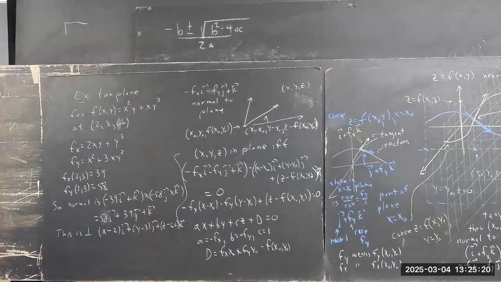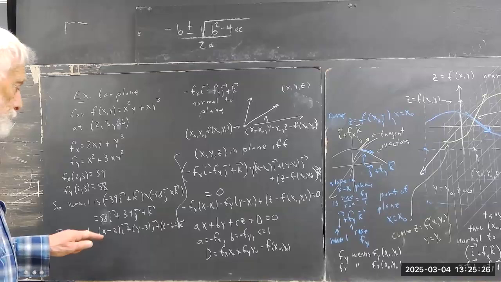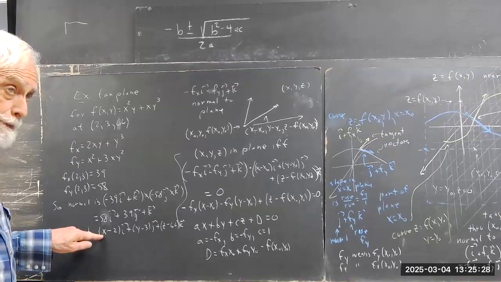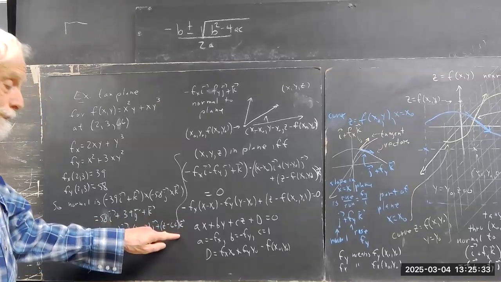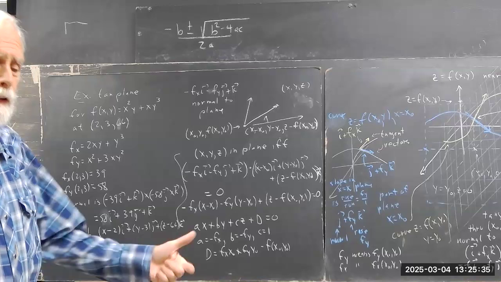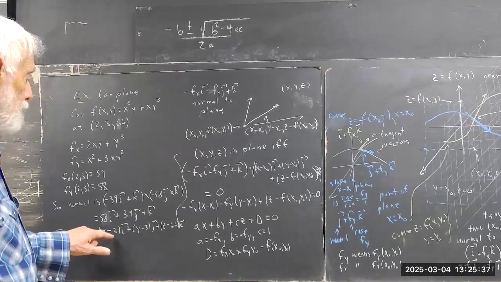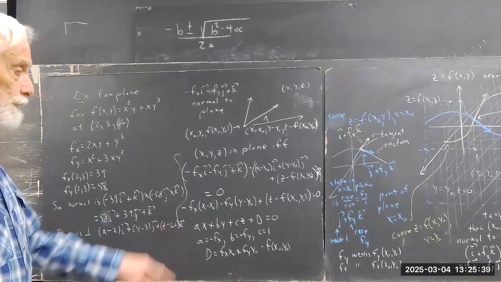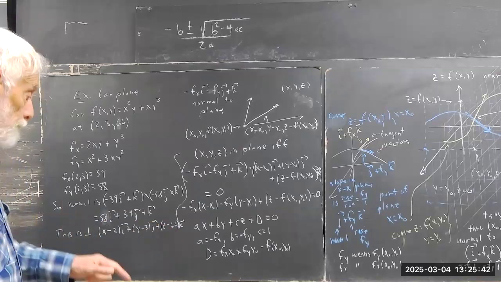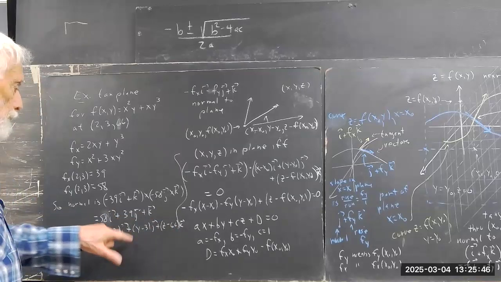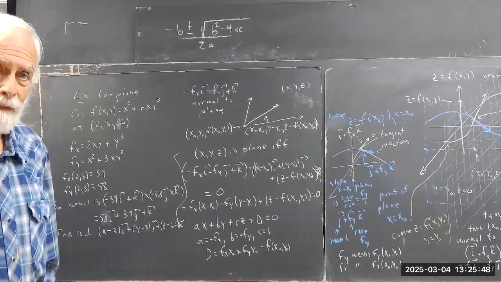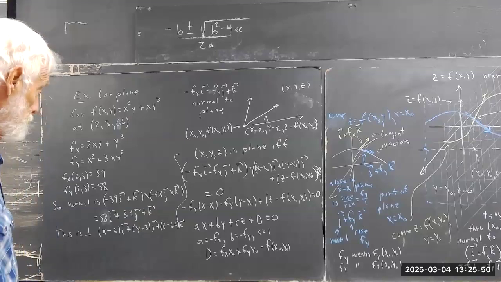This has to be perpendicular to this. Because if x, y, z is in the plane, since the point 2, 3, 66 is in the plane, you have the vector from the point in the plane 2, 3, 66 to the point x, y, z, which we assume is in the plane.